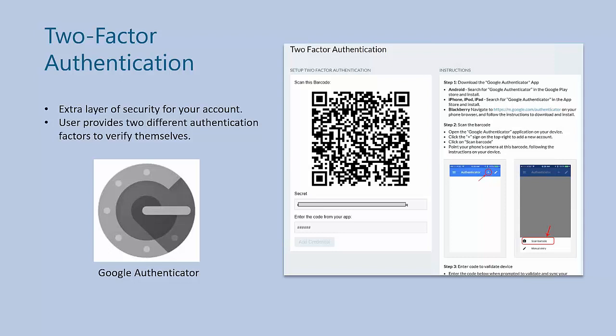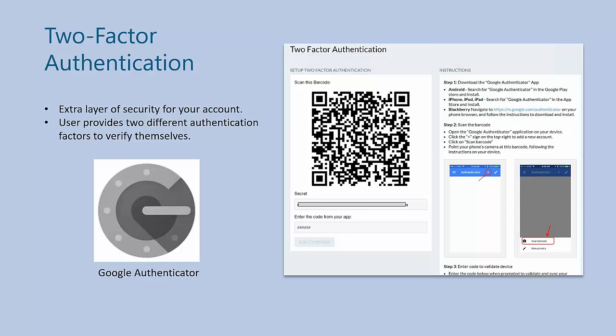In this case we use Google Authenticator, and once you log in for the first time, you can go to the security area of your account and add two-factor authentication. The authenticator is available through all the typical app download places, iTunes, the Apple Store, and you just download that and scan that little barcode.